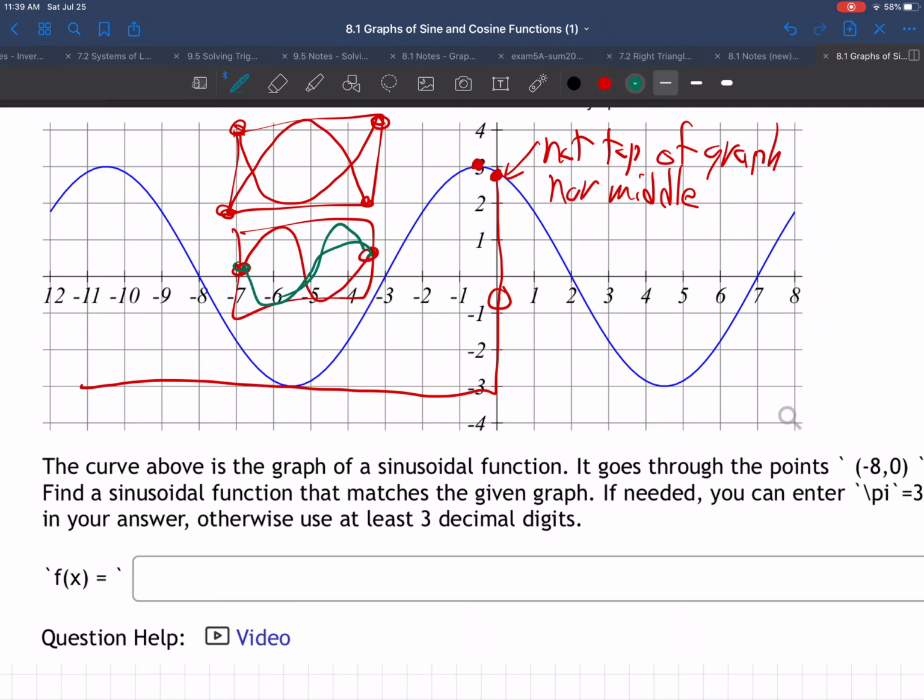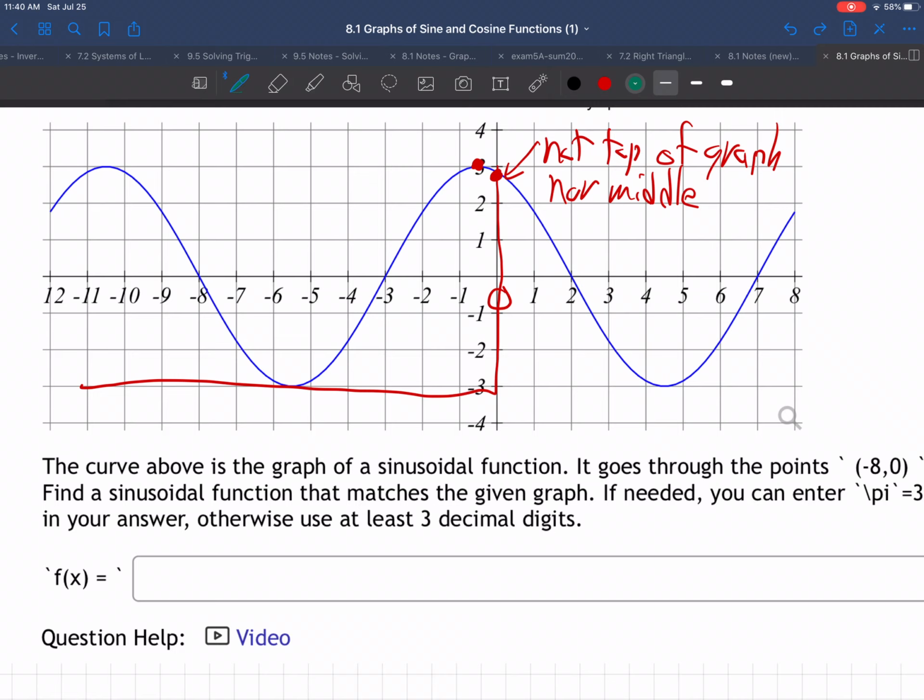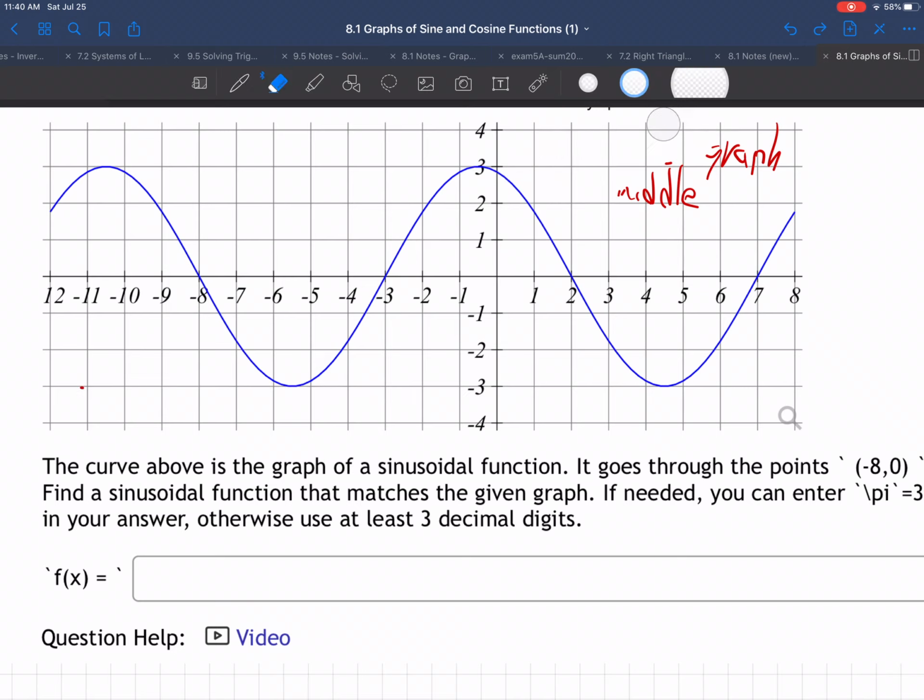Anyway, you've got to have middle to middle, or high and low. You can't have this, which is not the top and it's not the middle. Do you see the problem? We've got to have either the top or the bottom or the middle. We can't have some in-between point that's not the beginning or the conclusion of one exact cycle.